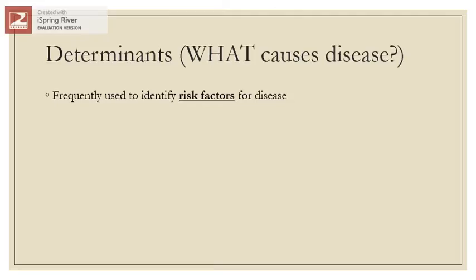So the next step again was determinants, what causes disease. So this is another way of saying what is a risk factor. So if we want to know what causes lung cancer, we would study risk factors for lung cancer, and of course we know that smoking is one of those. You could take any condition, health-related, and identify risk factors.